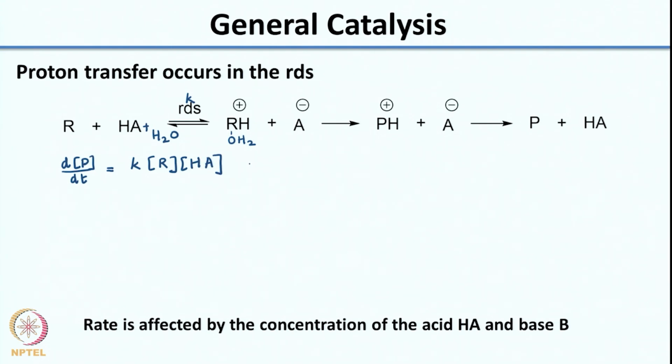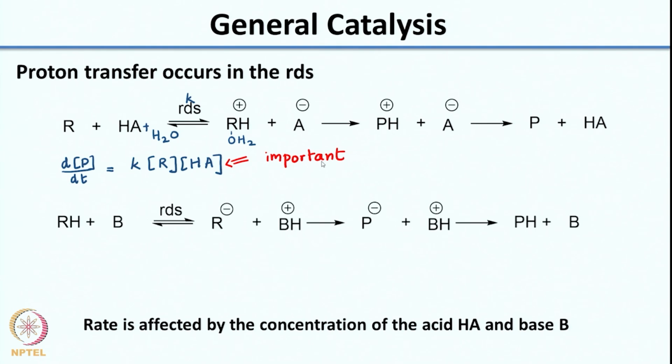But most of the times we do not take that into consideration. So now what you see is that when you are looking at the rate, the concentration of HA is actually playing an important role. It is important and it cannot be neglected, whereas what you saw in specific acid catalysis was that it mainly depended on the concentration of H3O plus.